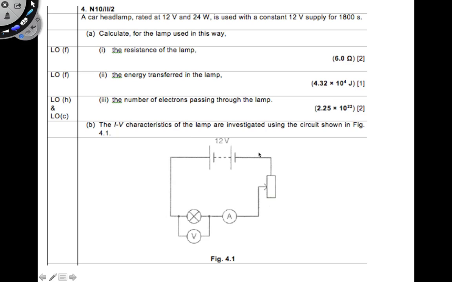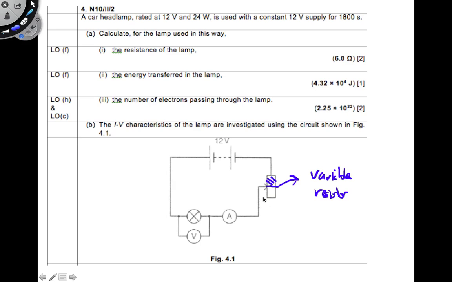In this case, we have a variable resistor. How do I use this? By moving this jockey up and down, I'm able to change the amount of resistance that the current has to pass through.